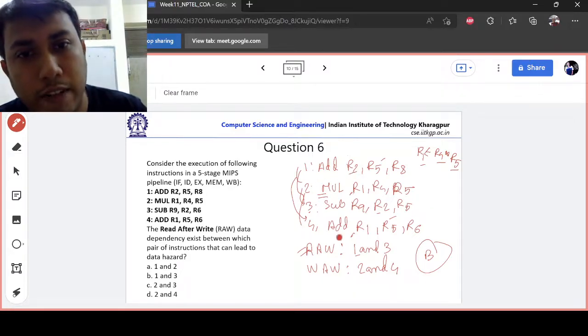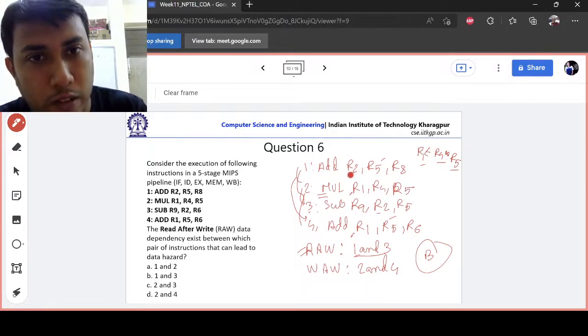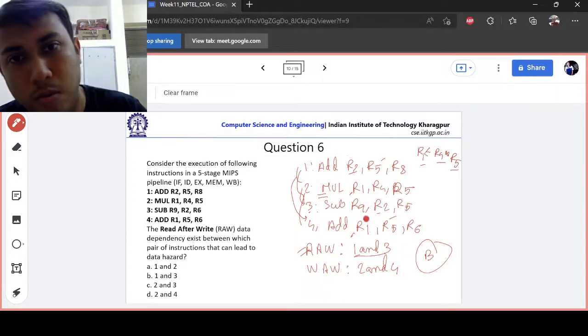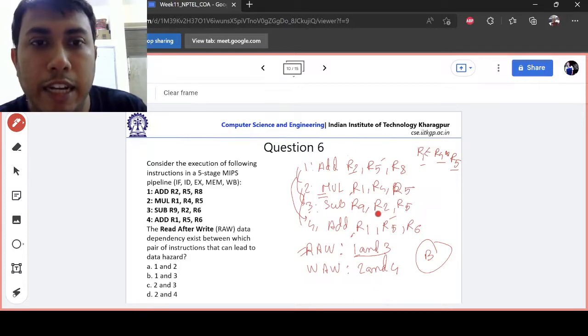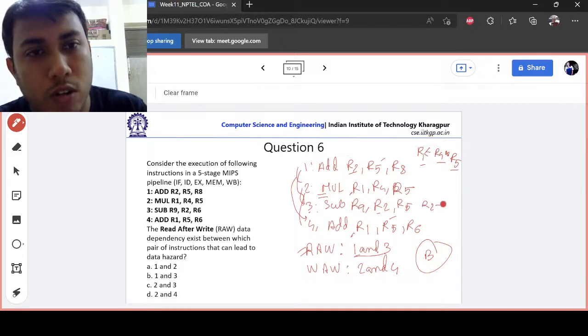So what is a read after write? If you look at statements 1 and 3, what data do we have? R2, R5 and R8. So basically it is an add of R5 and R8, and the data is being stored at R2. In 3, what is happening? We are reading the values from R2 and R5, that is, subtracting R2 minus R5, and storing it in R9.